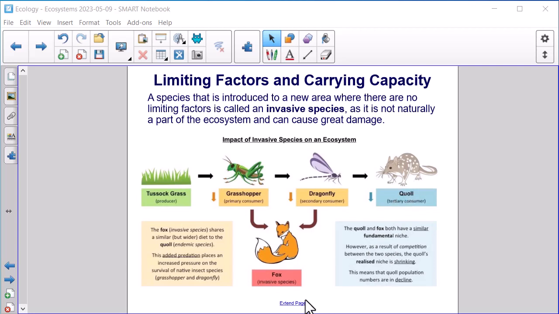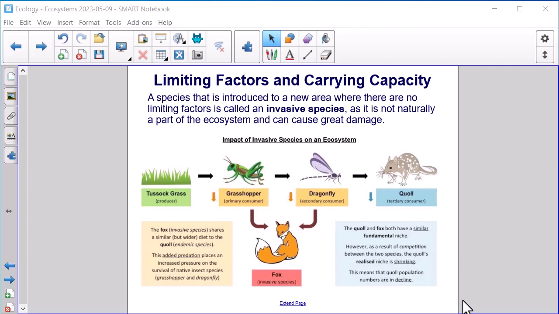This added predation places an increased pressure on the survival of native insect species, the grasshopper and the dragonfly. So the fox is also a consumer of these. So as both are consuming, we're going to have pressure on this population.